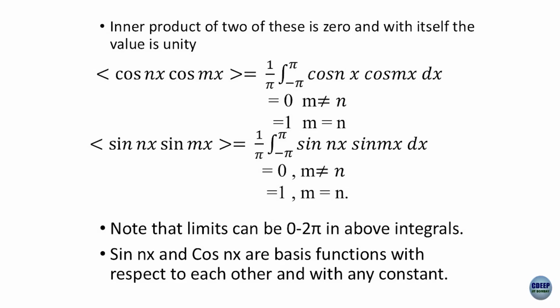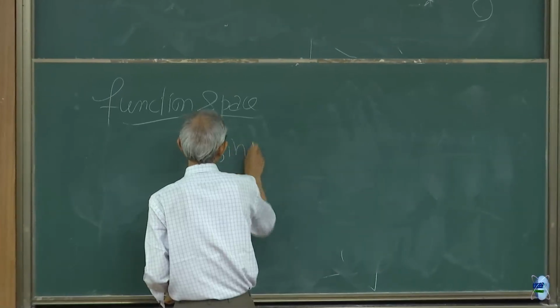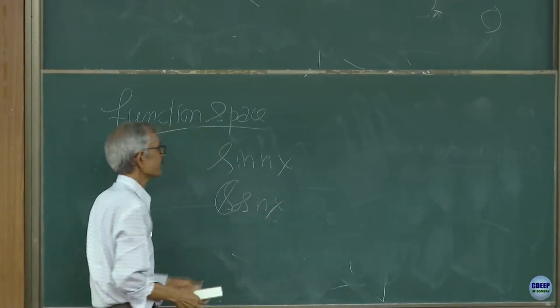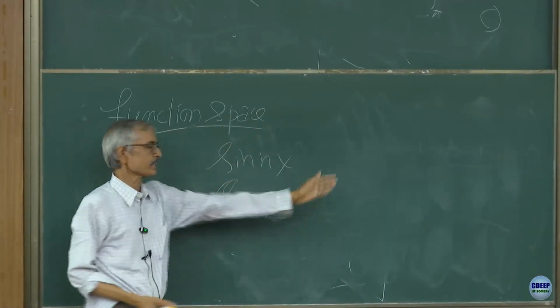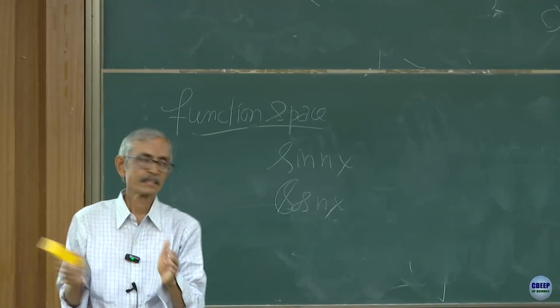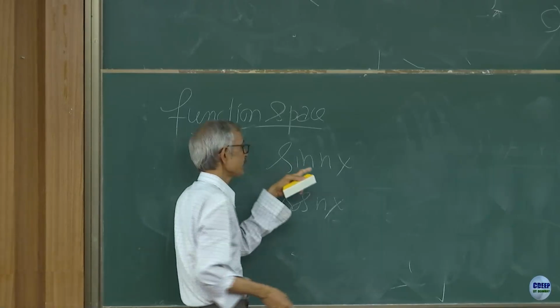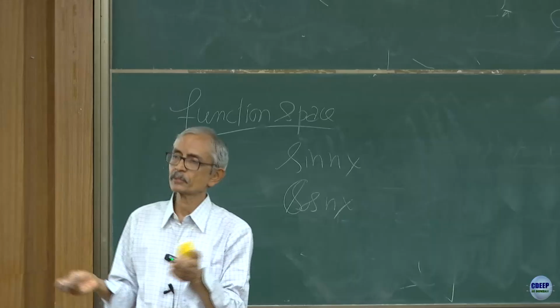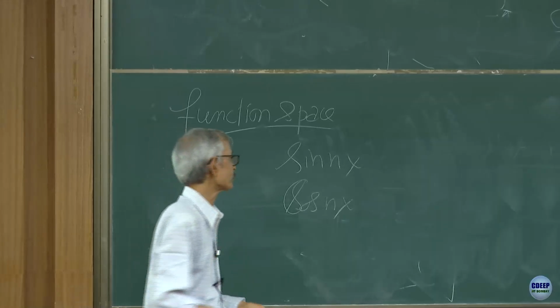Suppose I have 1. So what we have established is all sine nx, all cos nx, all kinds of sines and cosines, are forming a set of basis functions, because the inner product when m equal to n is equal to 1, and when m not equal to n, it is equal to 0.